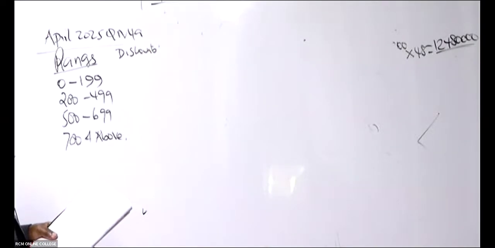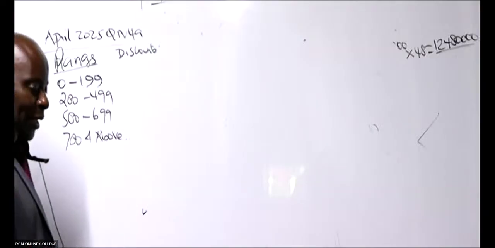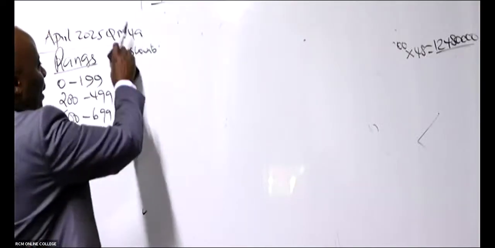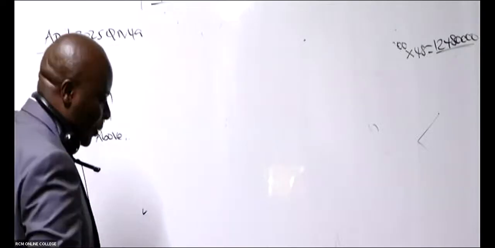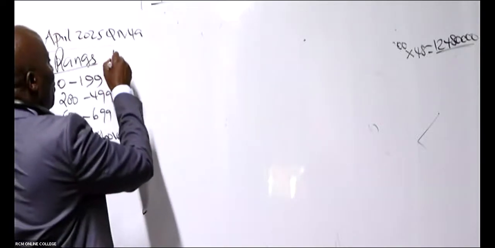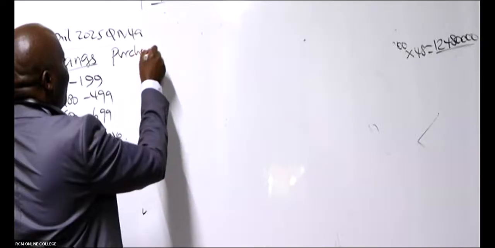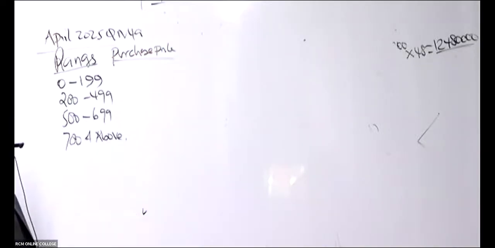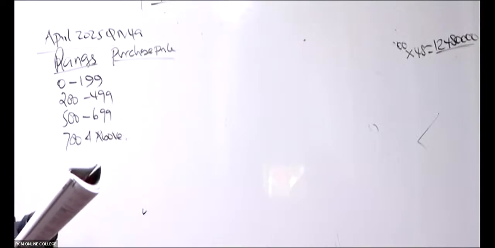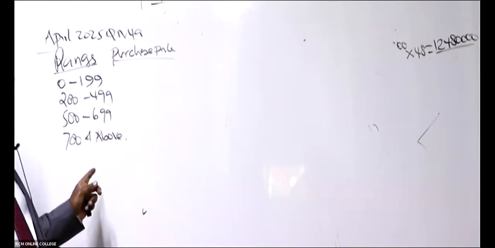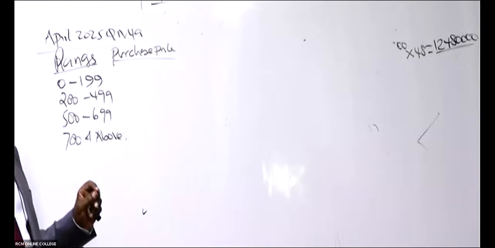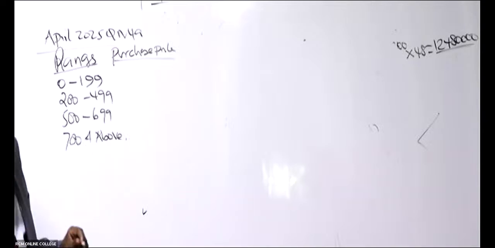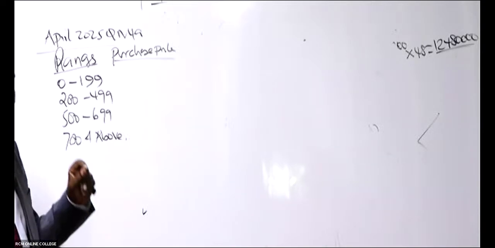So instead of writing that discount, we are bright people. We can just go ahead and write the purchase price. So the first one that I'm seeing is that if we procure between 0 and 199, we shall get a 1% reduction in price because 1% is the discount.